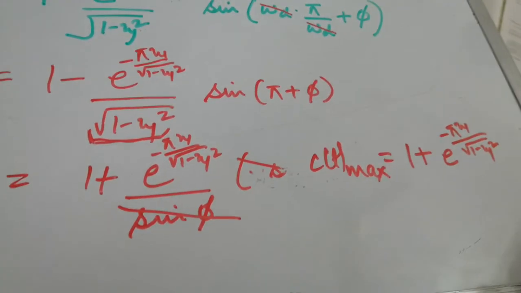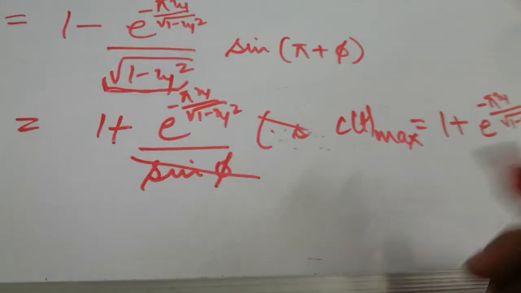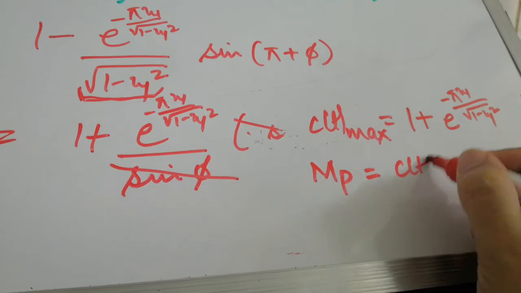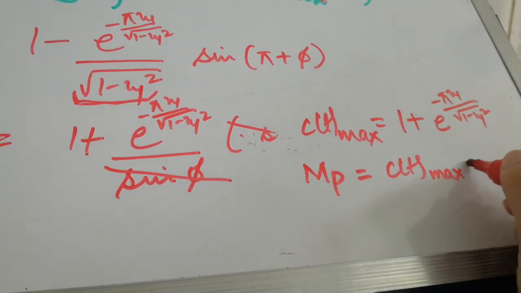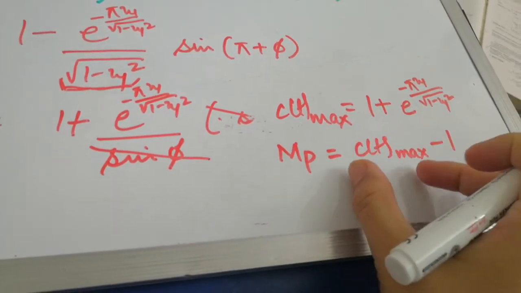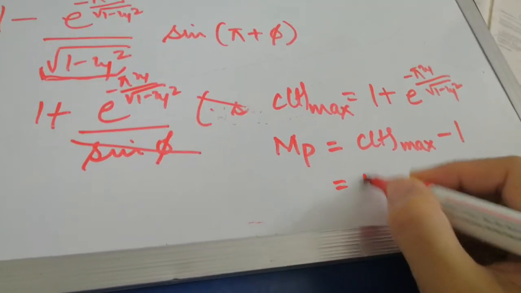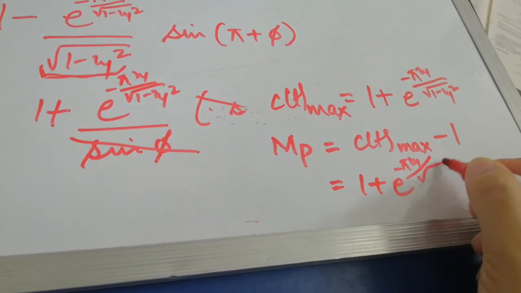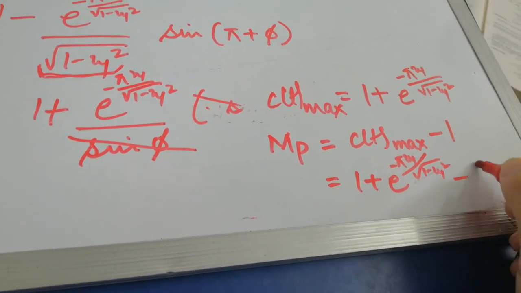So as previously discussed, what we have to find is the value of Mp, and the value of Mp is obtained by subtracting 1 from the value of Ct maximum. So putting this expression over here, we get 1 plus e raised to the power of minus pi zeta upon root of 1 minus zeta square, minus 1.